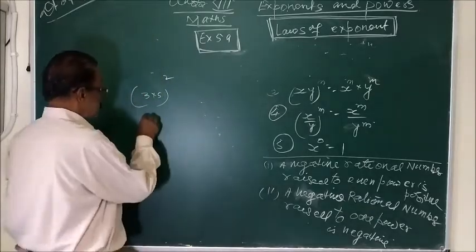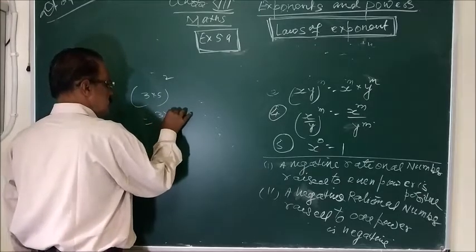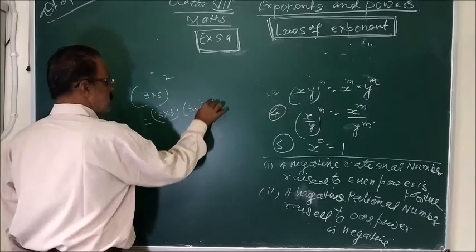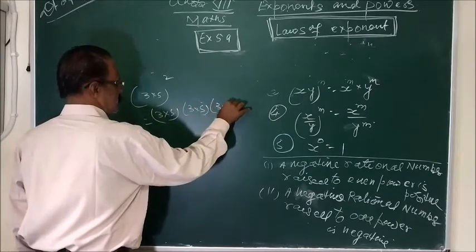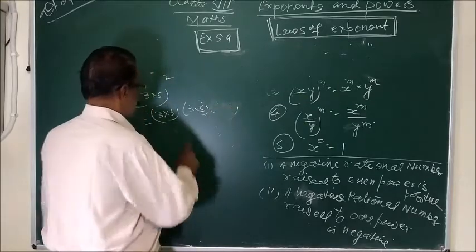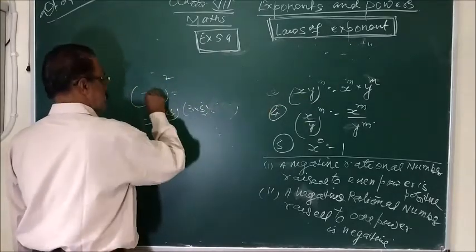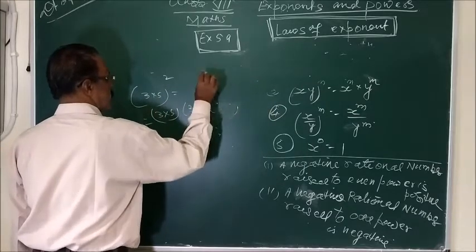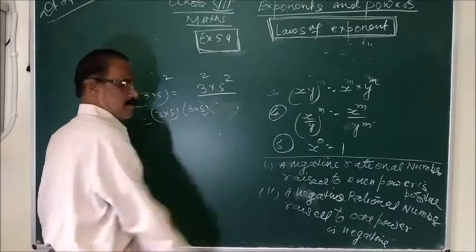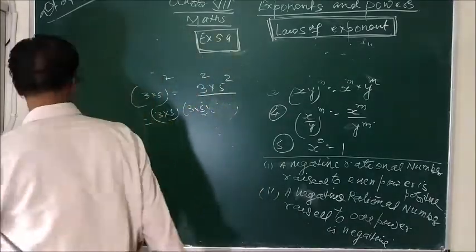So you can simplify like this: 3 into 5 into 3 into 5, because the power is 2, so 2 times. Or if you use that rule, this can be written as 3 square into 5 square, and then you can find the value. So this is the use of rule number 3.